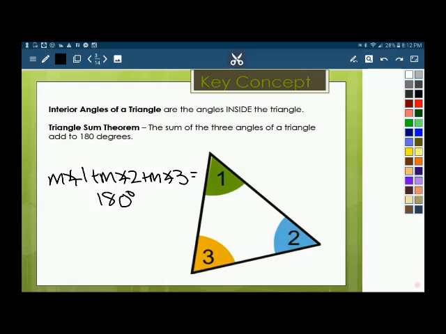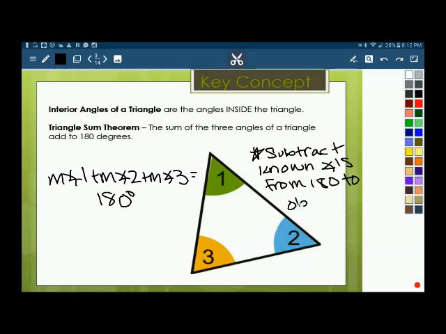We can use that equation to find unknown angles by subtracting the other two. So we're just going to subtract known angles from 180 to obtain the unknown.